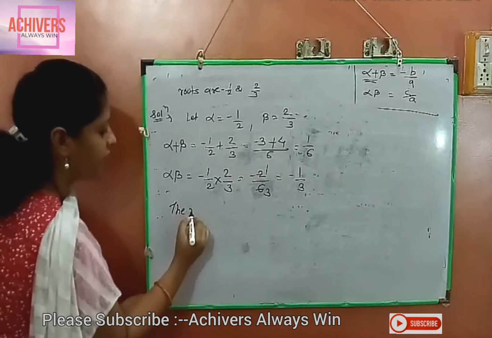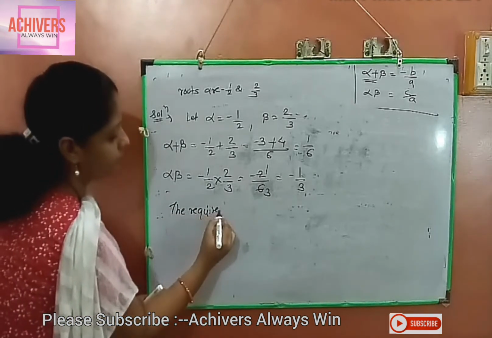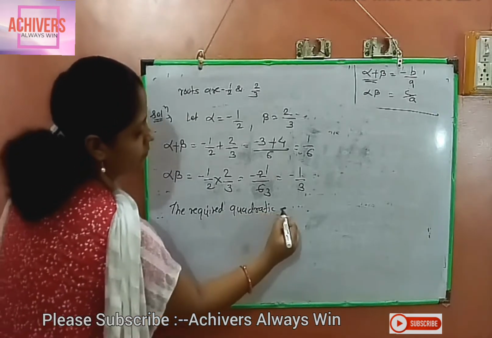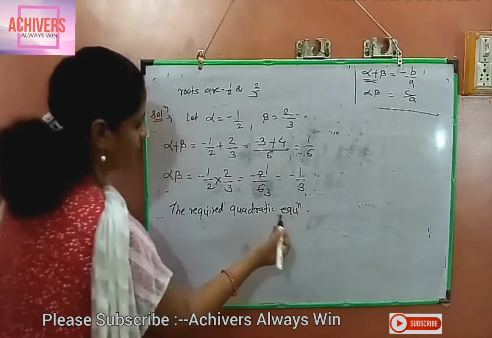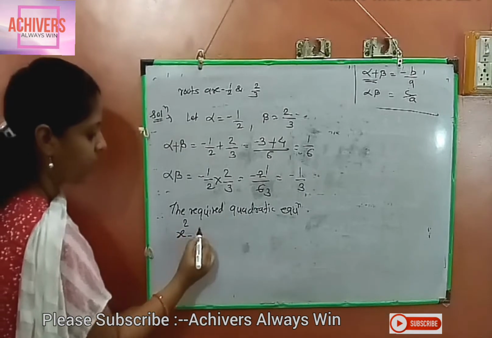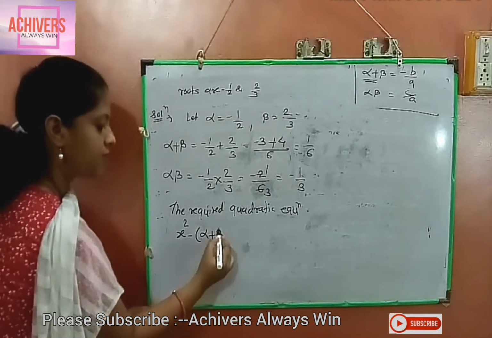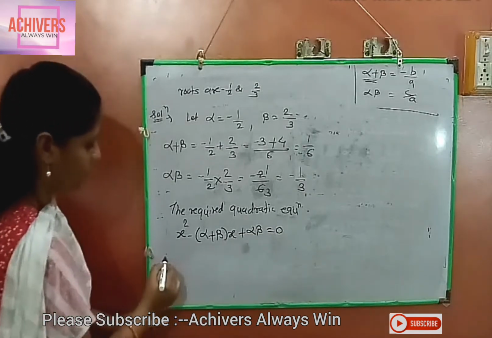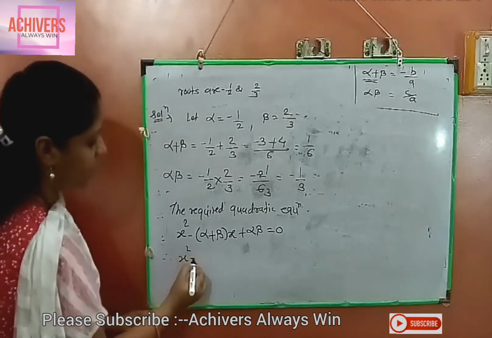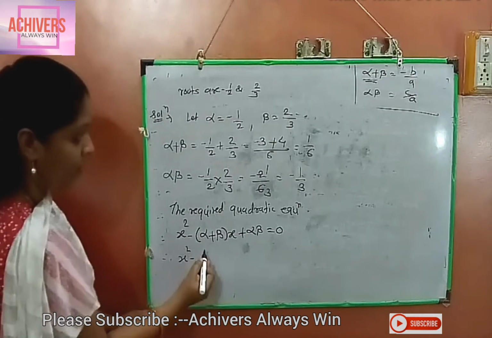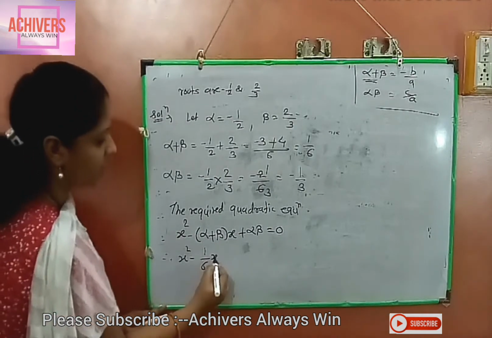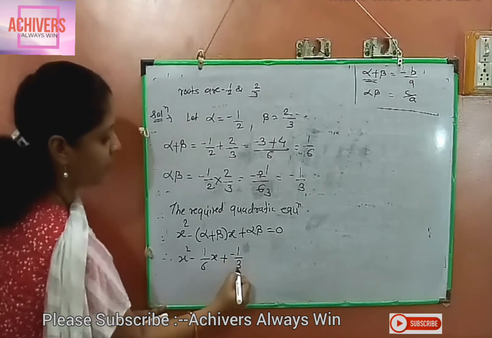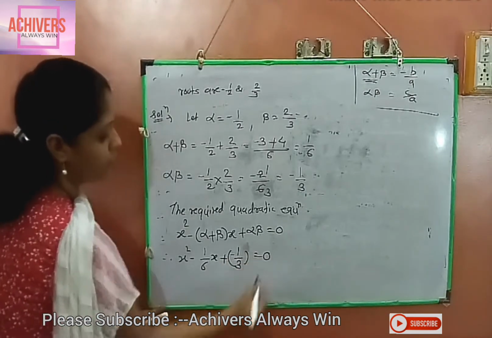The required quadratic equation is of the form x square minus (alpha plus beta)x plus alpha beta is equal to 0. Therefore, x square minus how much? Alpha plus beta value is 1 by 6, x plus alpha into beta value minus 1 by 3 is equal to 0.